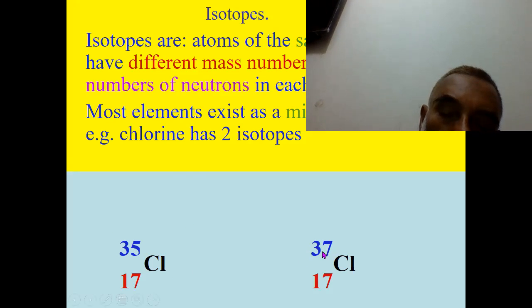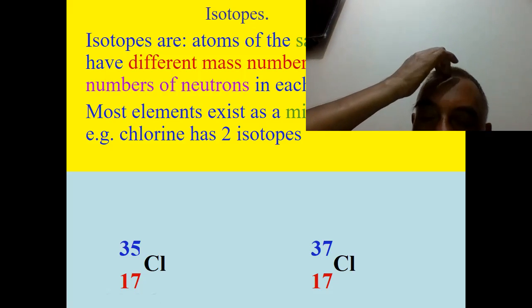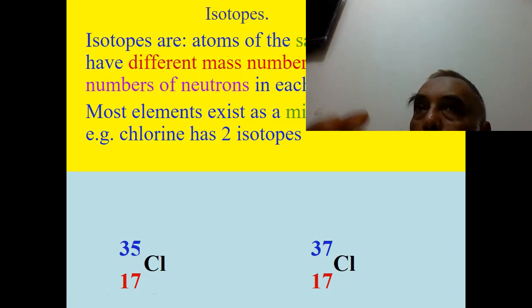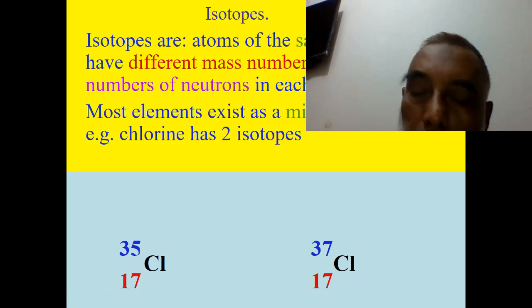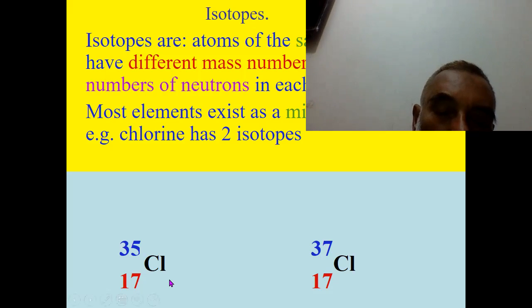One has atomic mass 35, another has atomic mass 37. Chlorine's atomic number is 17, so the number of neutrons is 18 for mass 35. Here its atomic mass is 37, so the number of neutrons is 20.